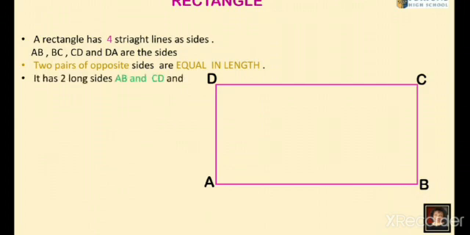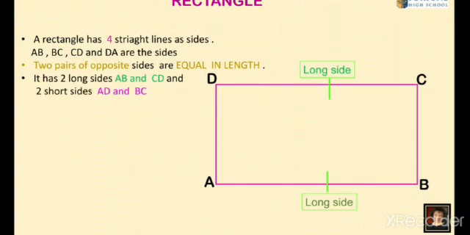It has 2 long sides, that is AB and CD. These are the long sides, which I have written in green. These 2 are equal in length. They are opposite sides. The 2 short sides, that is AD and BC, are also opposite sides.